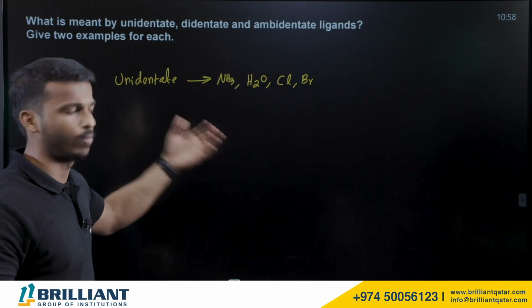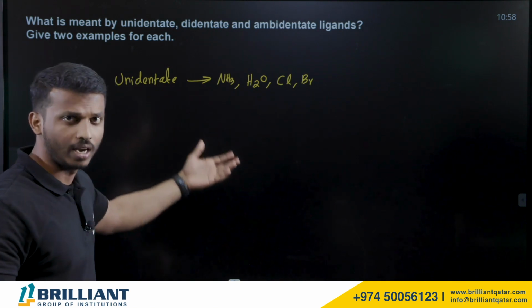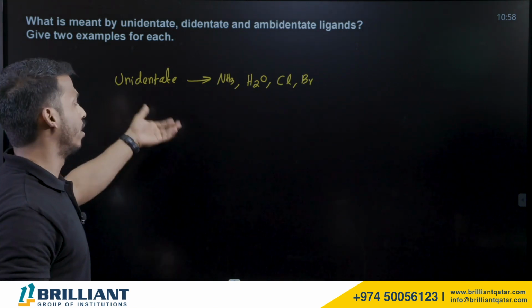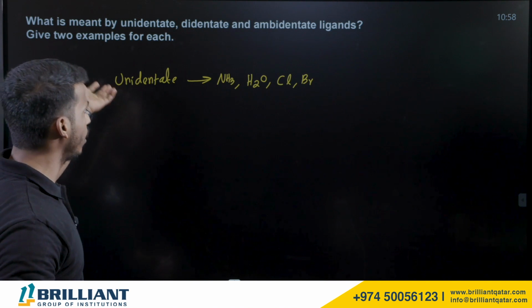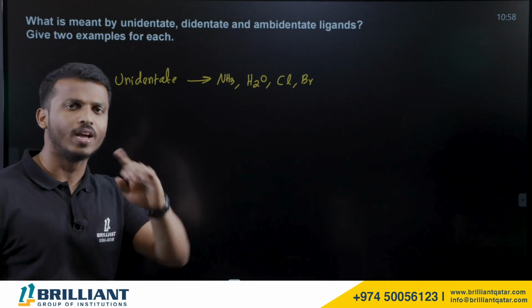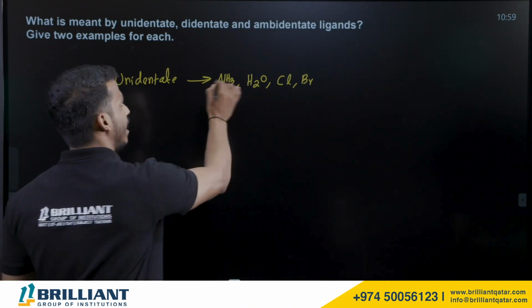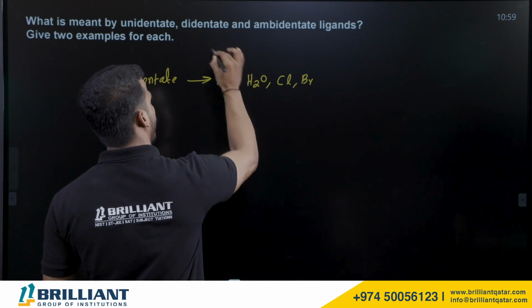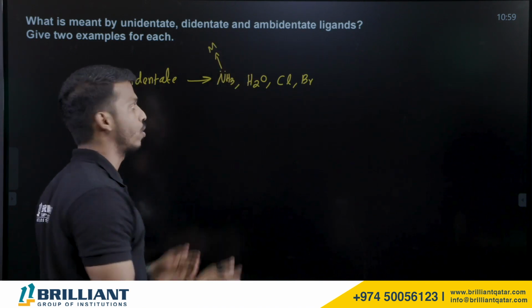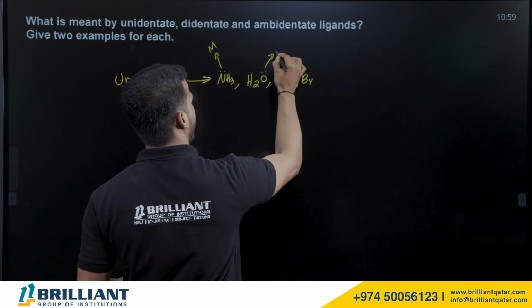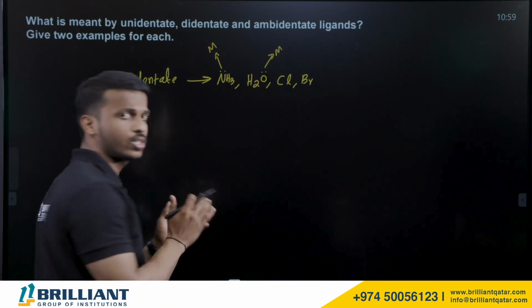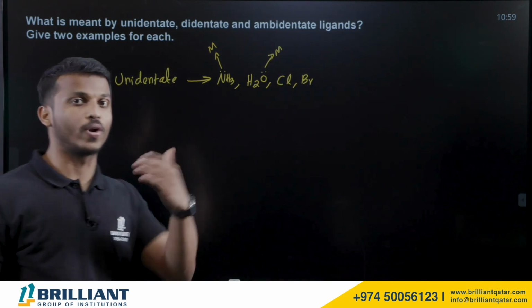So many others: OH minus hydroxide, NO3 nitrate, sulfate, all belong to which one? Unidentate ligand, which has only one donor atom. If you consider NH3, nitrogen can make a bond with the metal atom because nitrogen contains a lone pair. H2O, oxygen can make a bond with the metal atom. Chlorine can make one. So this is called a unidentate ligand or a monodentate ligand.